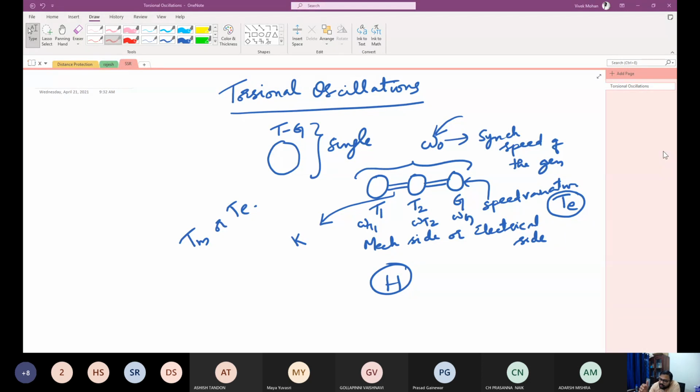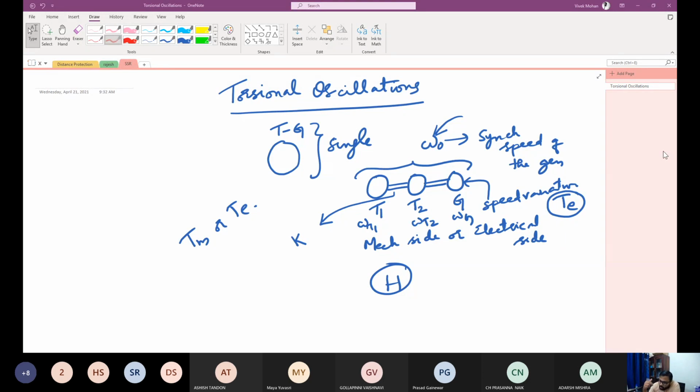This may disturb the entire setup and cause torsional oscillations, or the disturbance can be from the mechanical side, where the steam turbine is run because of the pressure of the steam.